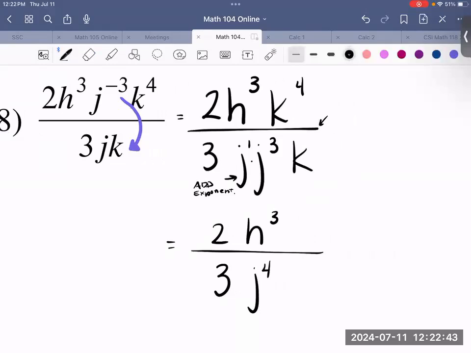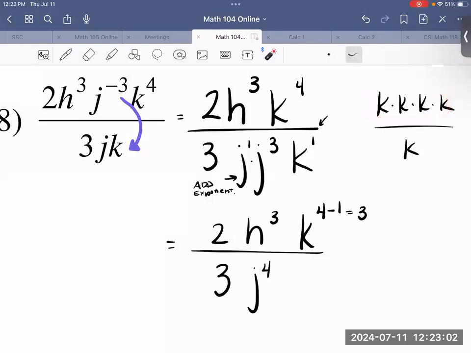So what we can do with k is say k to the fourth minus this 1k to give us 3. Now, kind of the math behind that, if you have 4 k's above and 1 below it, because they're being multiplied above, there's no addition signs, and you have 1 below, we get to cancel them out, and you'll see you have the 3 remaining k's.